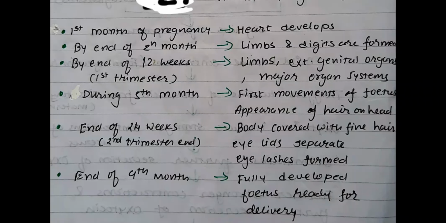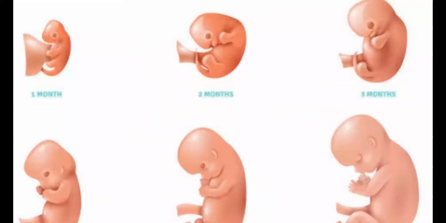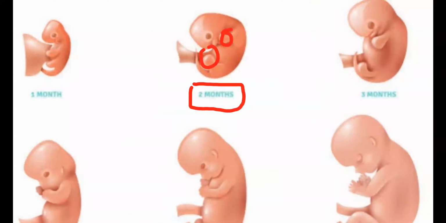By the end of the second month, the limbs and digits start developing. See, second month. You can see the limbs and digits are being formed over there.